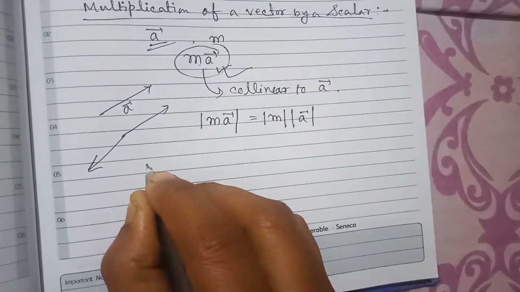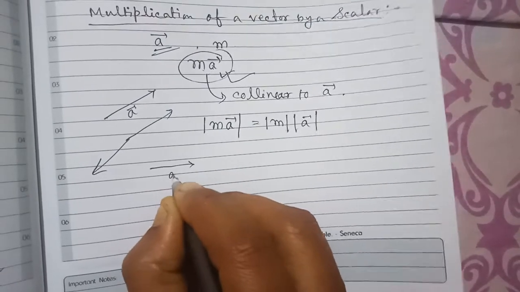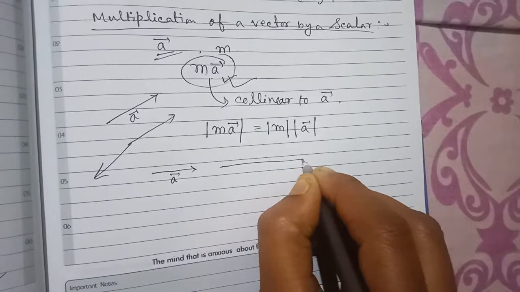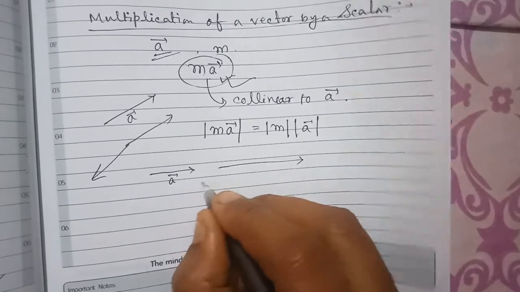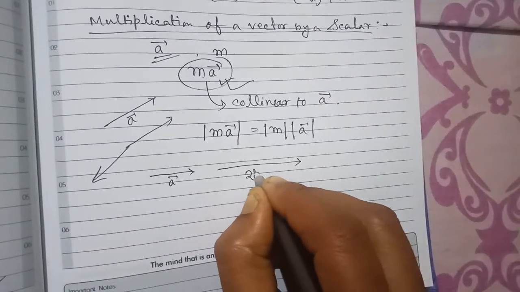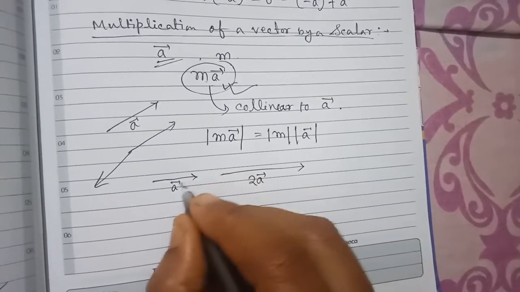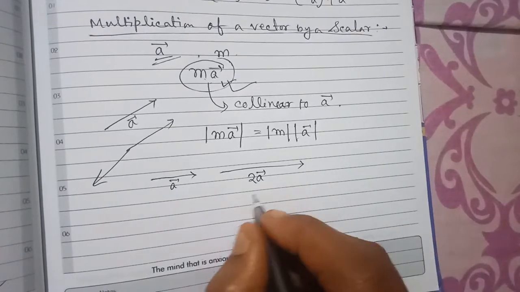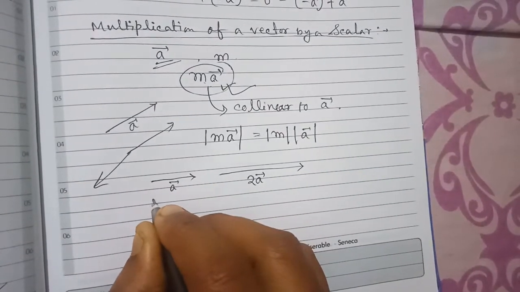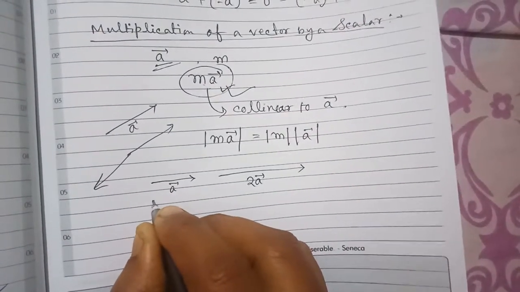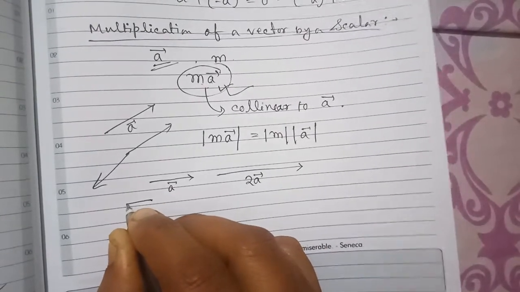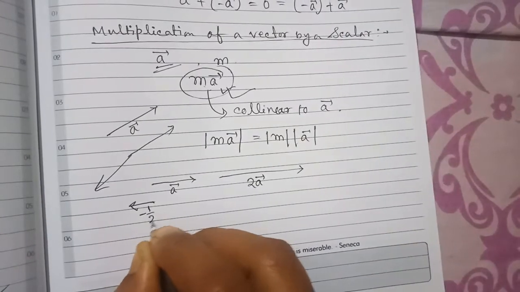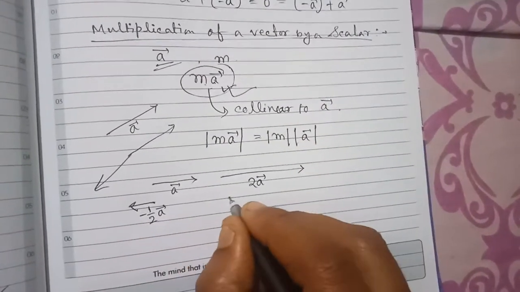Suppose this is A vector. If we take the same direction but double magnitude, then it will be 2A vector. It's double magnitude I have taken, so it is 2A vector. Suppose in the opposite direction I am taking just half the magnitude, then it will be minus half of A vector.